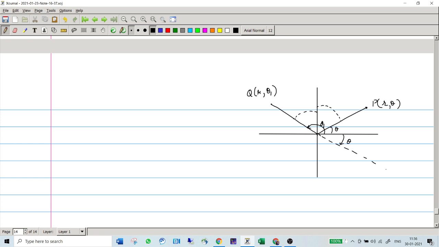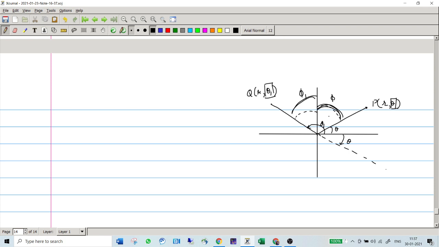When you extend this line, you want this angle, let's call it phi. So you want phi to be the same as this phi 1, right? Because you want symmetry about the y-axis. Using these phi and phi 1, you'll have some relation between theta and theta 1, so that theta 1 and theta can be related.